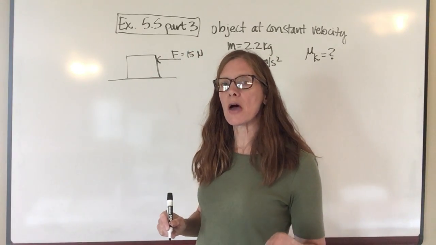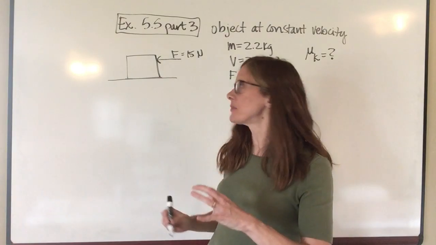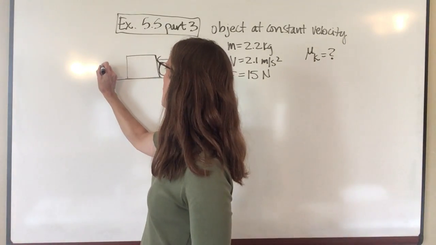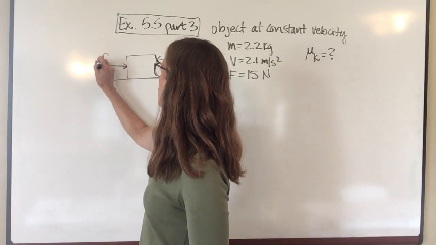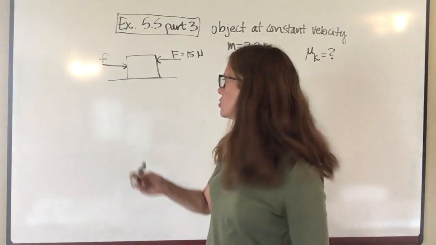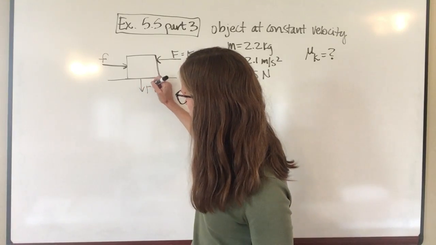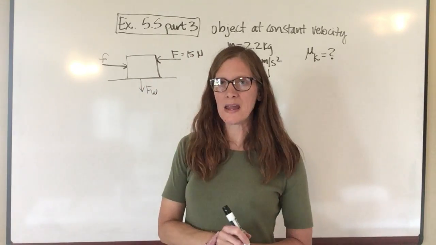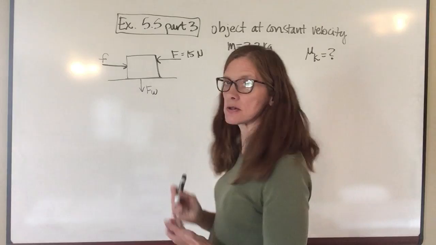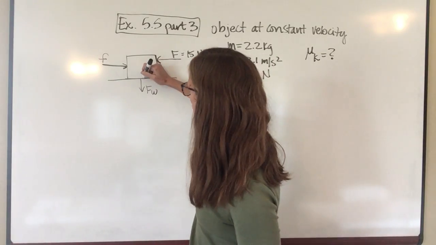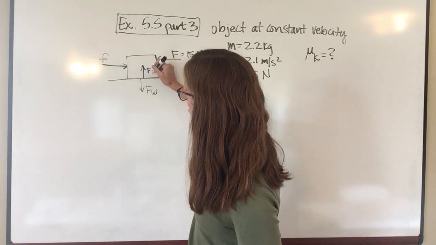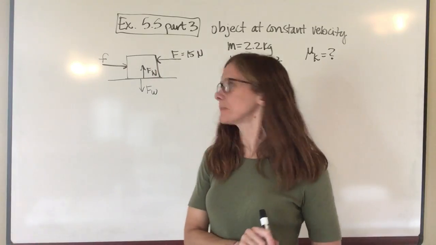I also know that friction is always in opposition to the direction of the motion. So the frictional force is going to go this direction. The box is sitting on a floor, so it's going to have the weight acting down. And because I'm assuming the floor is level, I'm going to have the normal force acting upward.